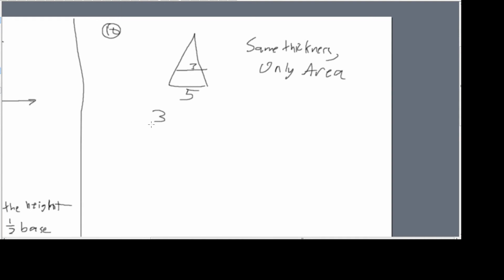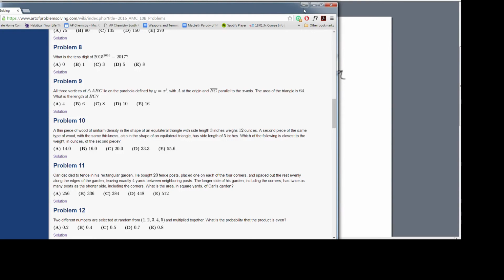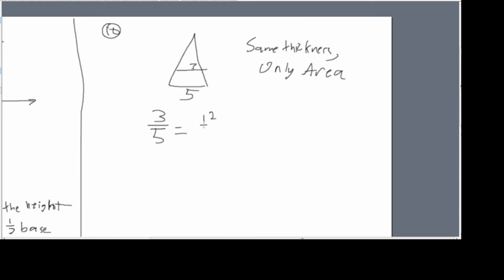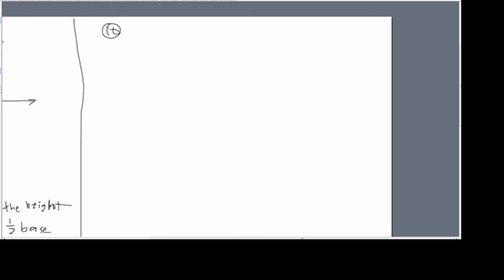So basically the easiest way is just do 3 over 5 is equal to 12 over x. You have 60 is equal to 3. Oh wait, never mind. You can't use similar triangles. Don't do this. You're going to get it wrong if you use this method. I highly apologize. And I'll just use the method that I used.